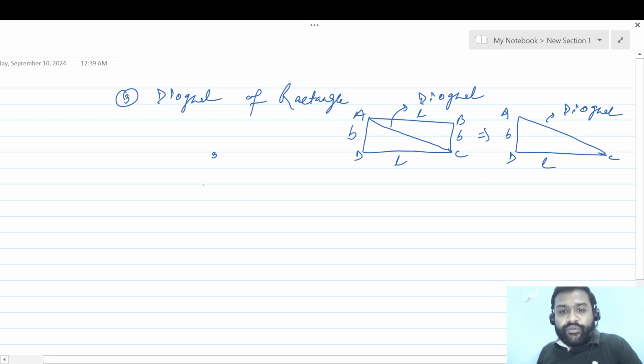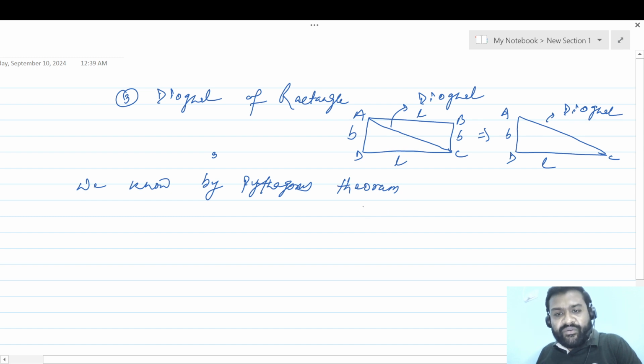Okay, so what do we know by Pythagoras theorem? We know h square is equal to p square plus b square. So h is the hypotenuse. Okay, this is our 90 degrees, this is our 90 degrees. So the longest side is the hypotenuse.